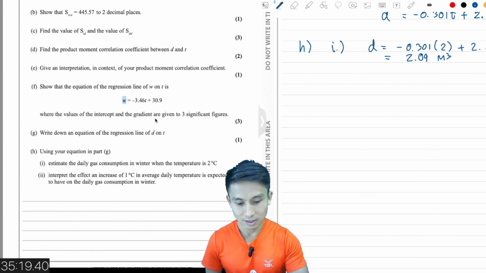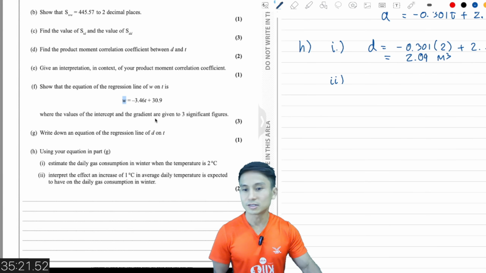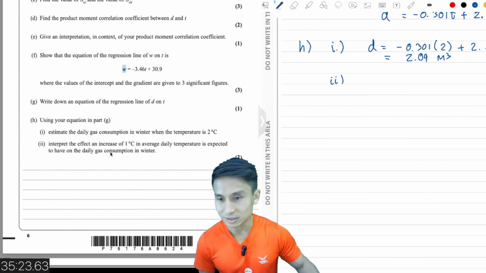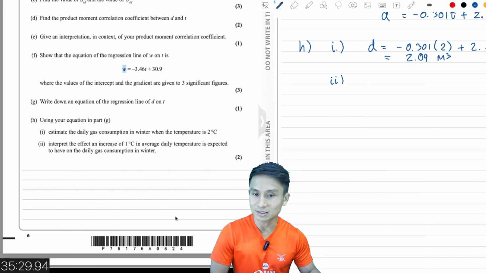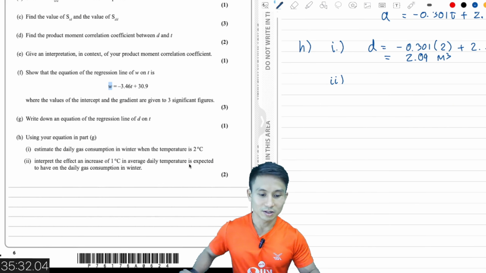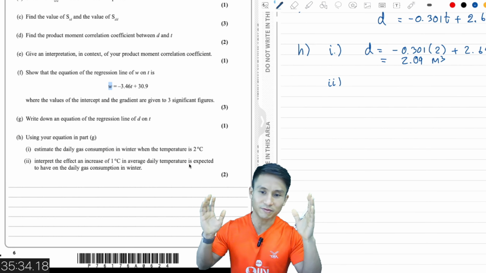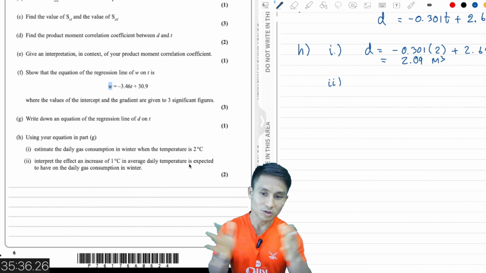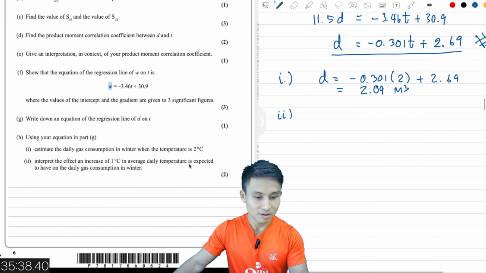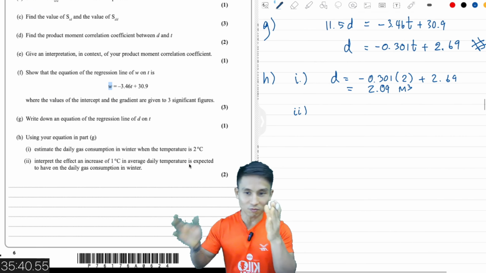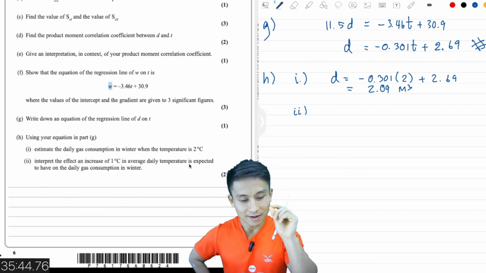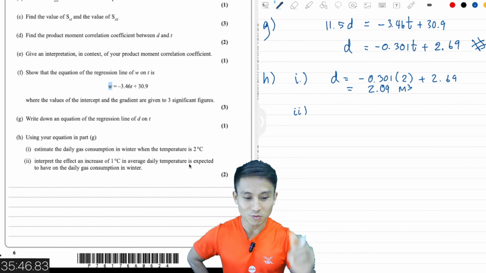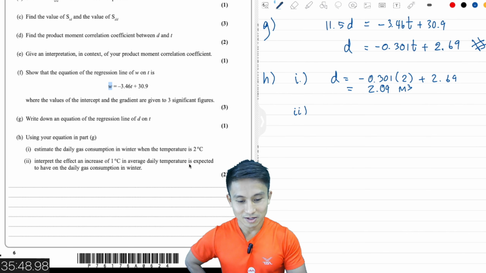Yeah. The daily gas consumption. And part II, interpret the effect of an increase of 1 degree Celsius in average daily temperature is expected to have on the daily gas consumption in winter. Okay. So a change of T by 1, what does it do? Well, we have the regression line model. This is a change of 1. So a change of 1 will lead to a change of D equal to the gradient.